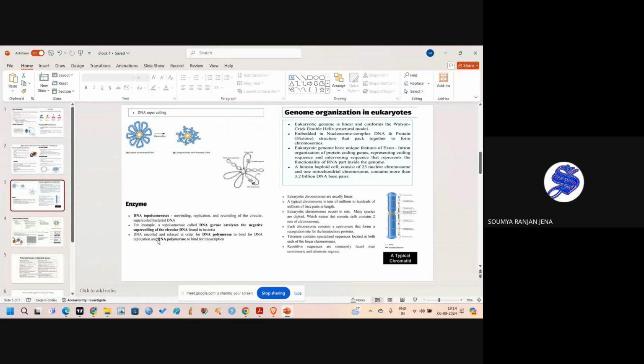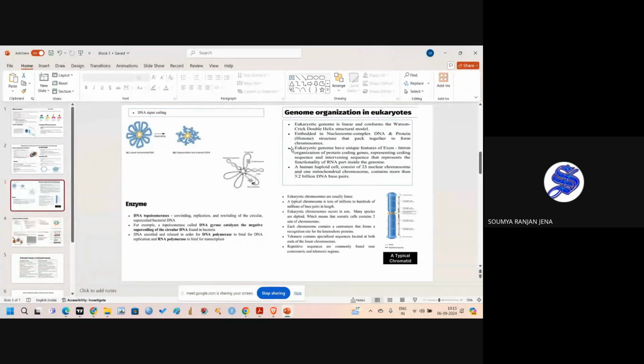Then this DNA is uncoiled and relaxed in order for DNA polymerase to bind for DNA replication, and RNA polymerase to bind for transcription. If DNA polymerase binds to this DNA, replication will occur and increase the copy numbers. If RNA polymerase binds, transcription will occur. Then we described the genome organization in eukaryotics.